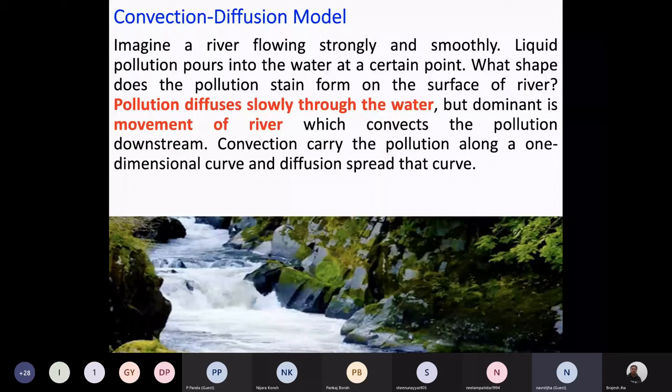So what I am going to do is, I'm just going to put a drop of black color in between this river. The question is, if you put this black color in this river, what shape does the pollution stain form on the surface of the river?